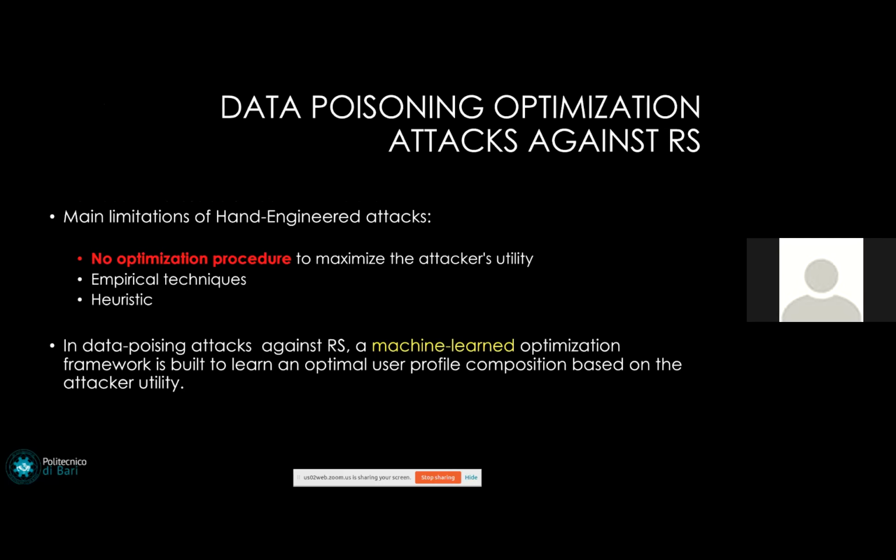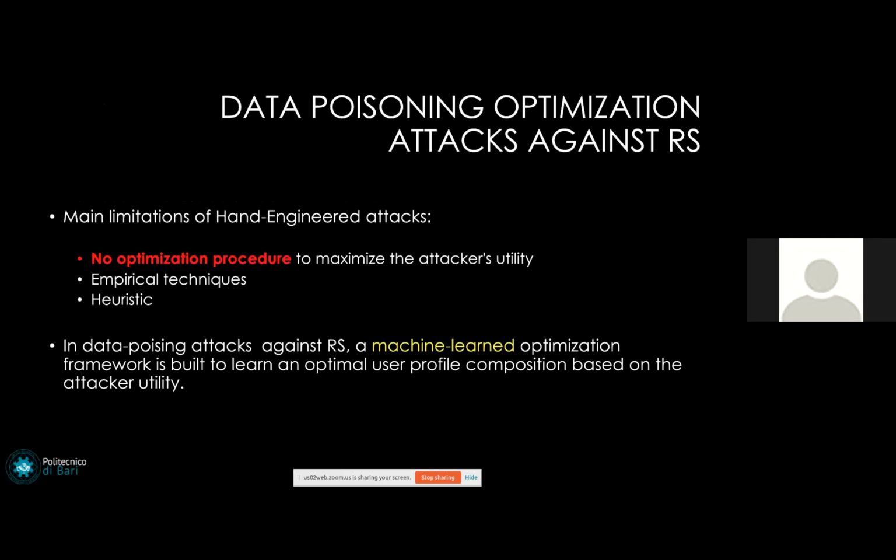Now we come to the second type of attacks, which are called data poisoning optimization attacks against recommender systems. The first question is, what is the main difference between shilling attacks and data poisoning optimization attacks?